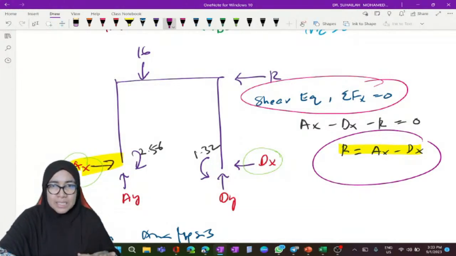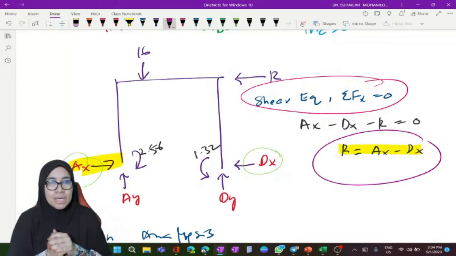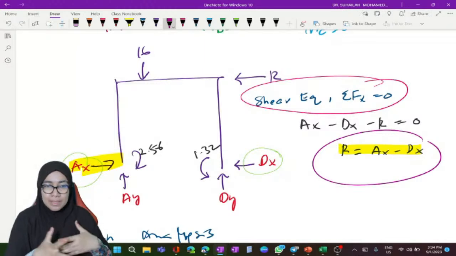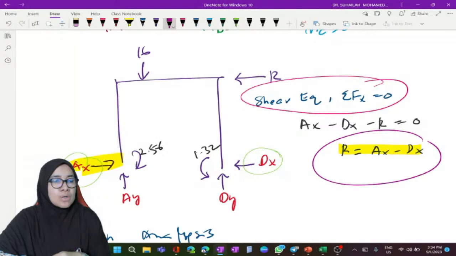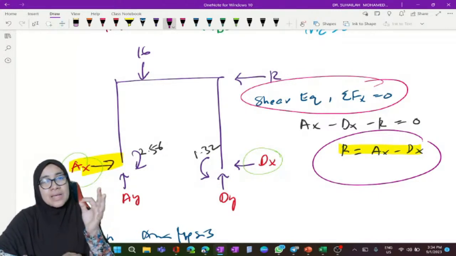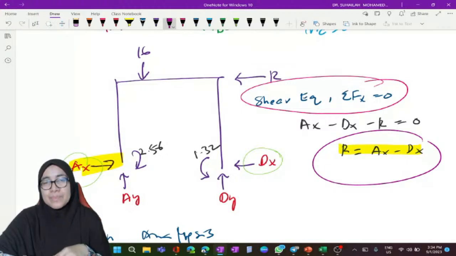This process will be repeated under table number 2, step number 3, the next step after we have determined M prime.